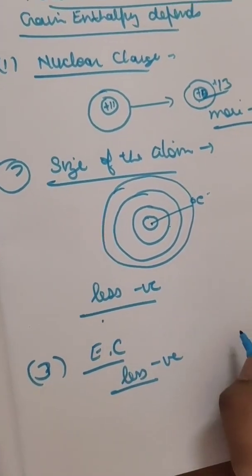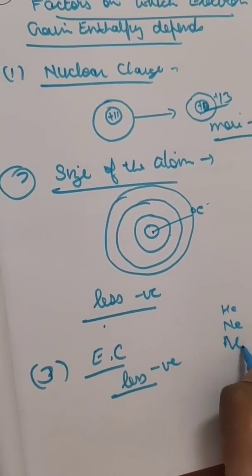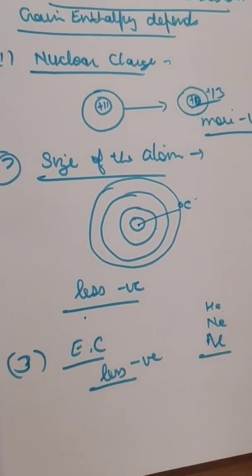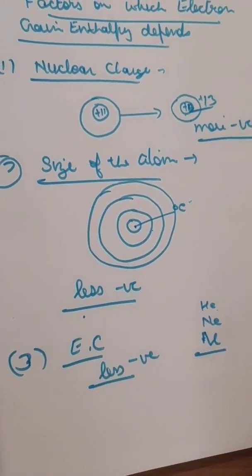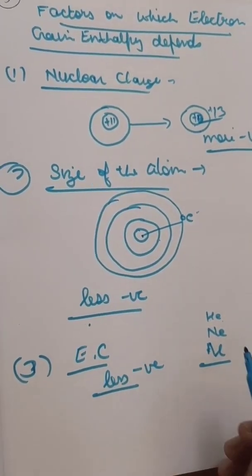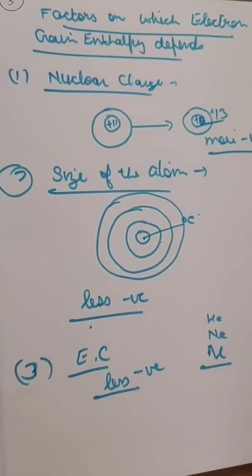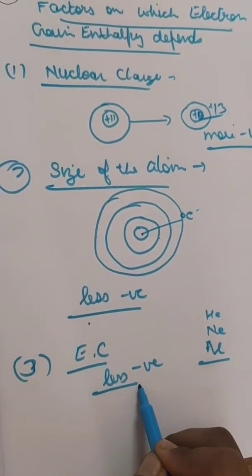For example, neon, helium or argon all have completely filled shells. They all have their p shells completely filled, with 6 electrons in the outermost shell. So they will not need any electrons, and that's why they will have a less negative electron gain enthalpy.